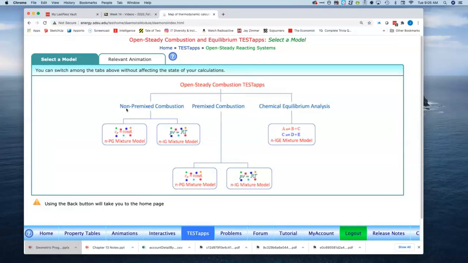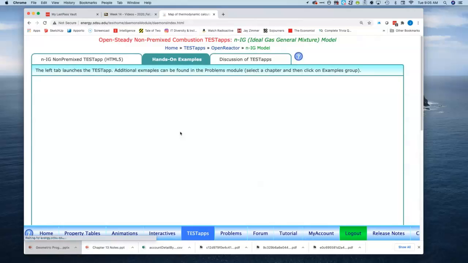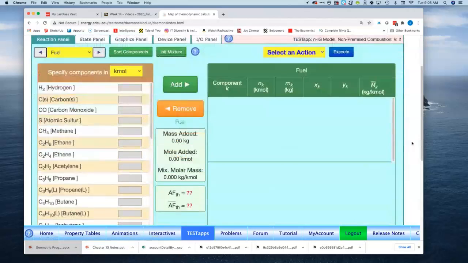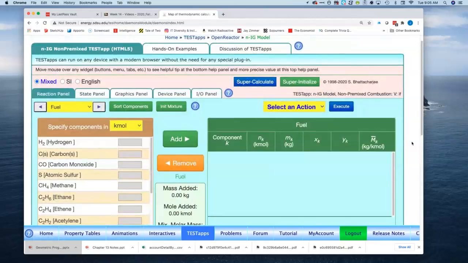We brought in the fuel, we brought in the oxidizer, and we formed products. What you'll see looks similar, but now instead of saying mixture A is the fuel, mixture B is the oxidizer, mixture C is the products, they've defined it in this particular fashion.